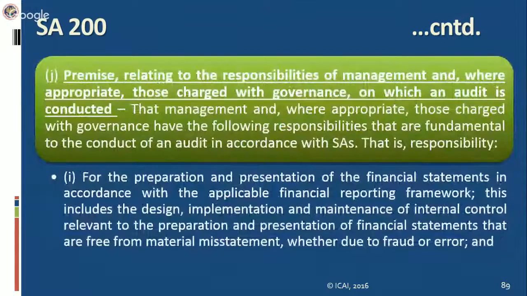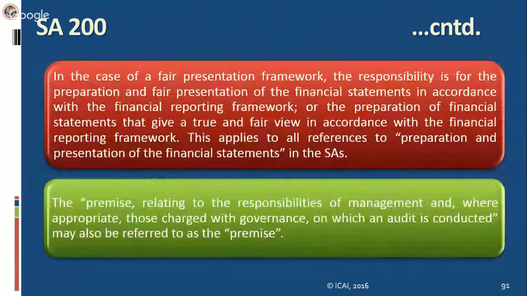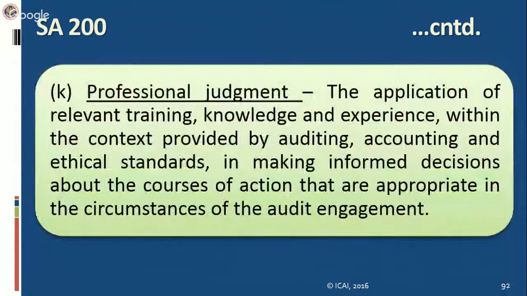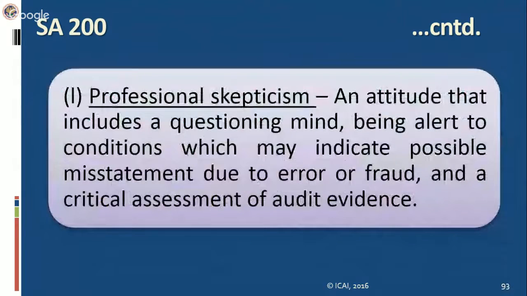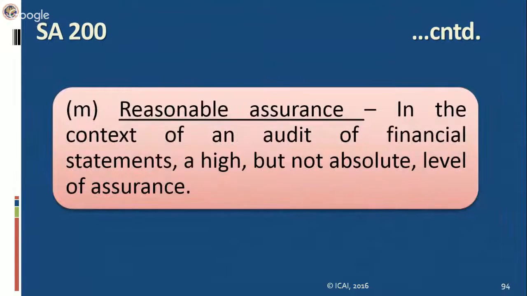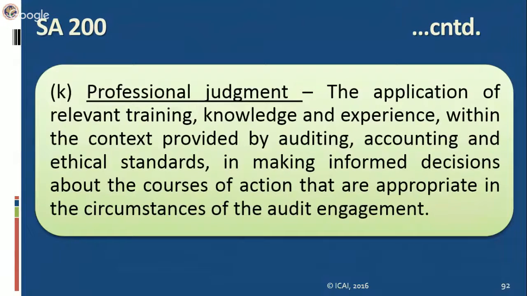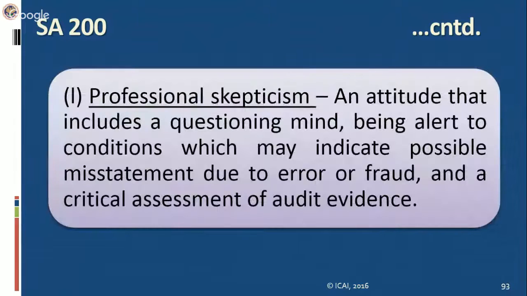So students, in this manner you should learn the definitions. Professional judgment, skepticism: it is an attitude that includes a questioning mind. So students, I have tried to explain to you how to learn these definitions. Learn the definitions.